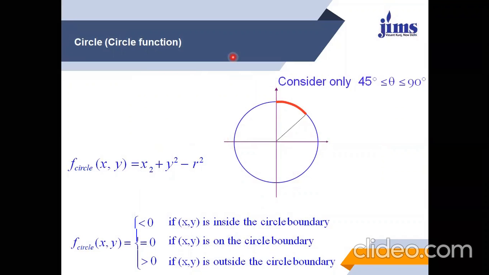Okay. Now we have to decide whether a point is outside the circle or inside the circle. Suppose the point is here. This is a point A. This is a point B. We have to find out whether this point is outside or inside.